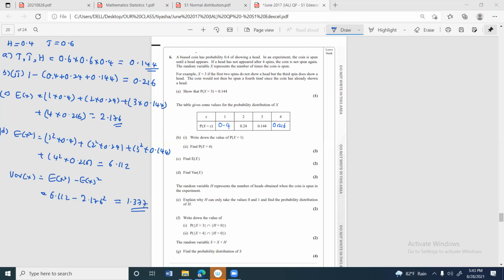Now when you come to the next part, another kind of confusion comes into this question. A random variable H represents the number of heads obtained when the coin is spun in this experiment. Explain why H can only take the value 0 or 1 and find the probability distribution of H. Right.